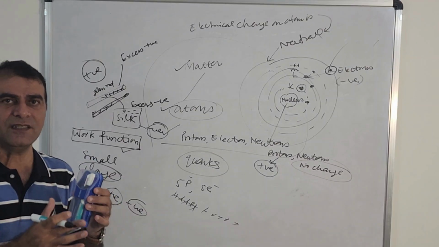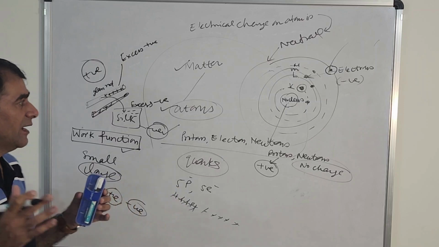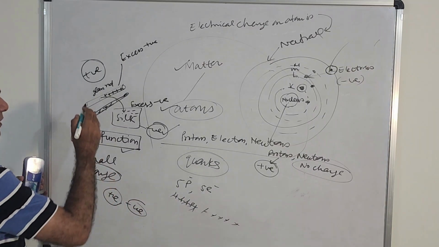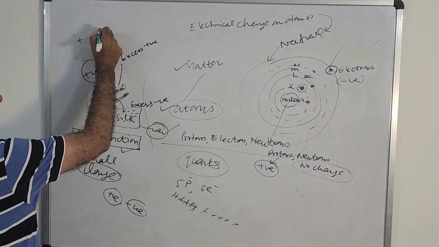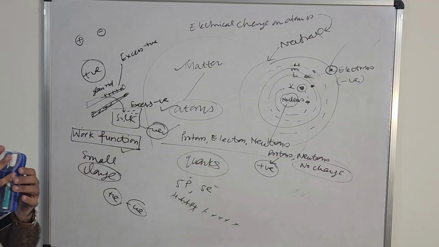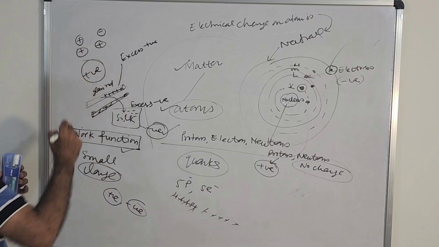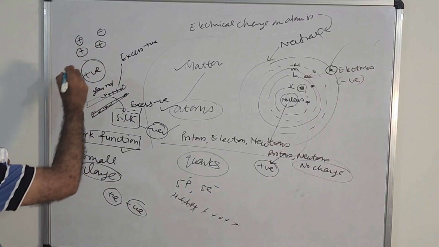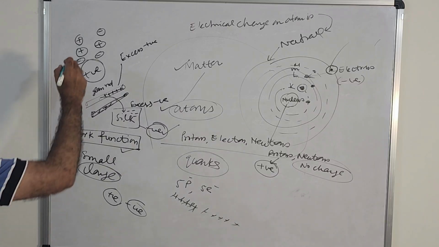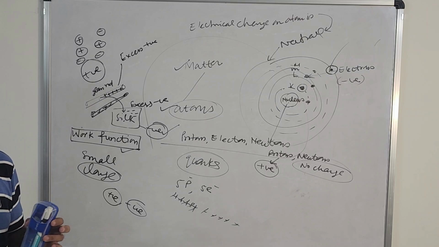Like charges, the same kind of charges, repel each other, and opposite kinds of charges attract each other. If it is a positive charge and a negative charge, there will be attraction. And if the charges are the same, there will be repulsion.